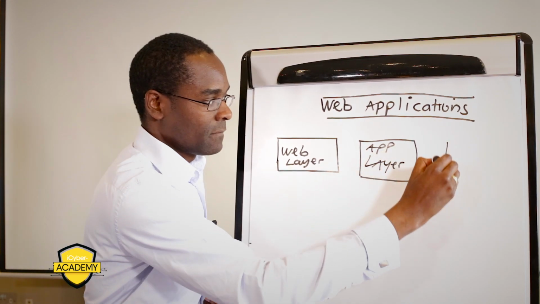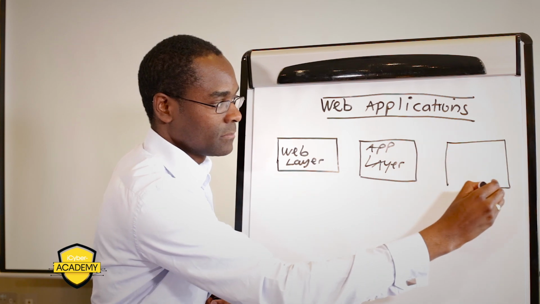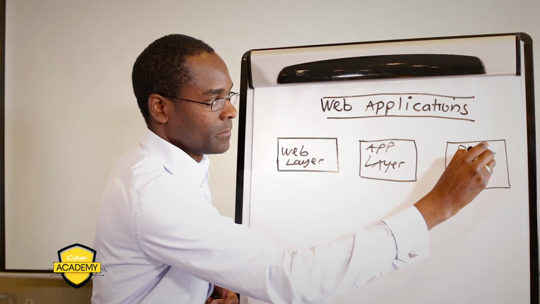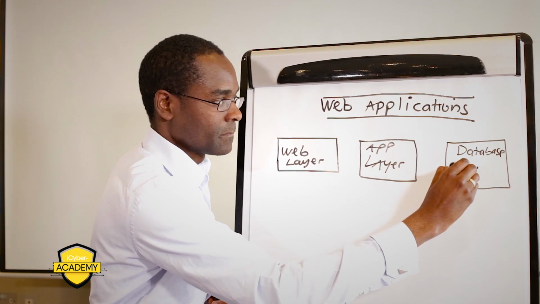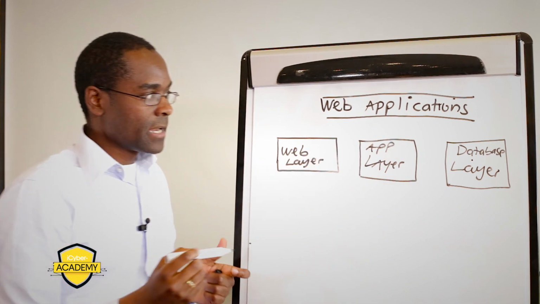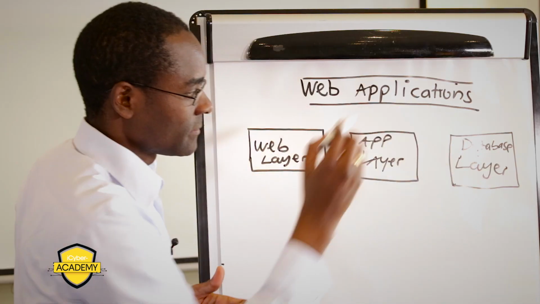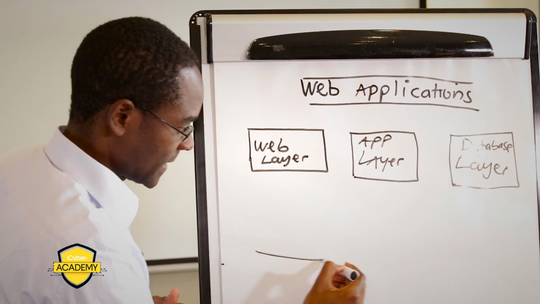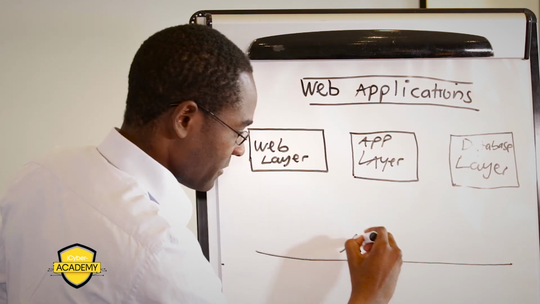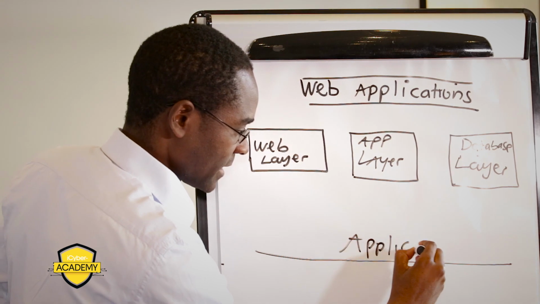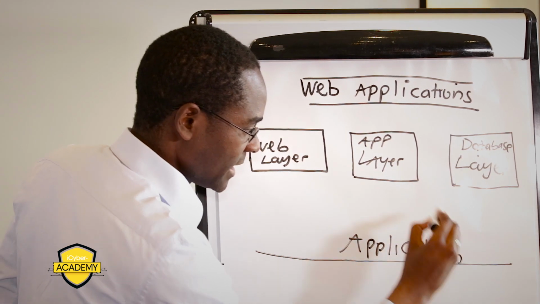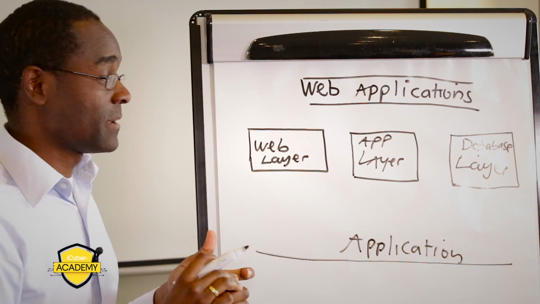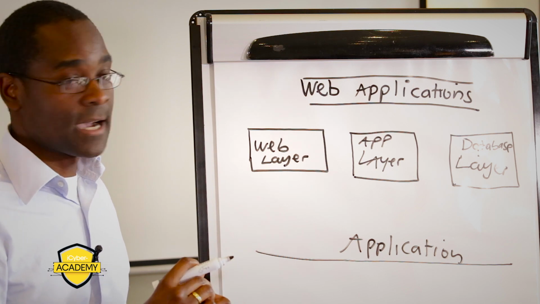And then finally, we have our database layer. And all these 3 layers are working to give us what we call an application. Okay? So between the 3, that's essentially our application. So we can see here when people refer to applications, we're not just talking about one single component, but we are talking about 3 components working as one.